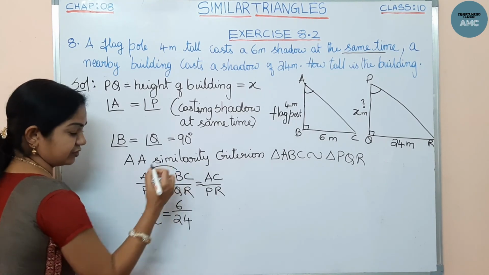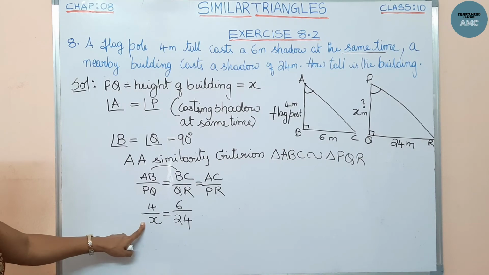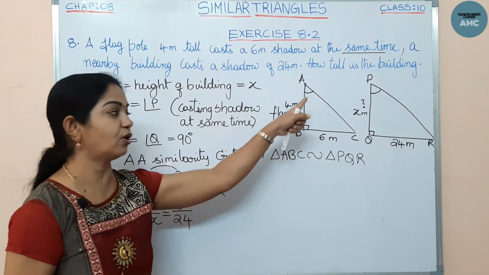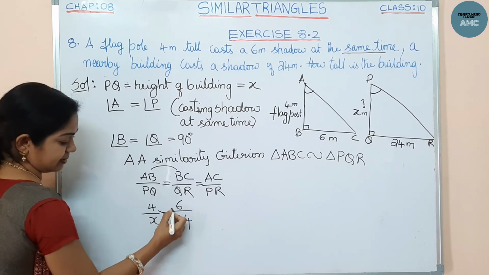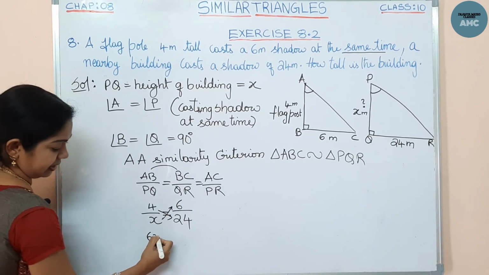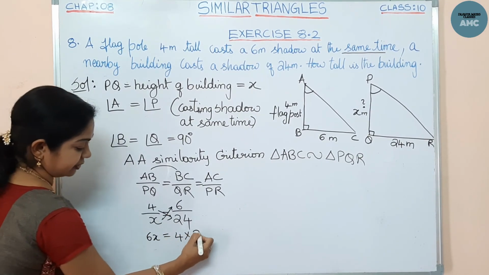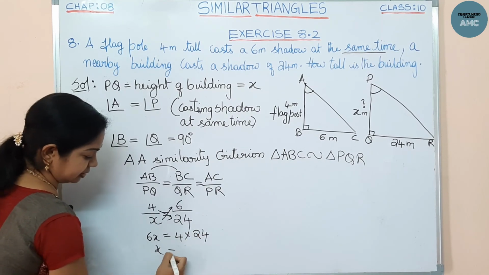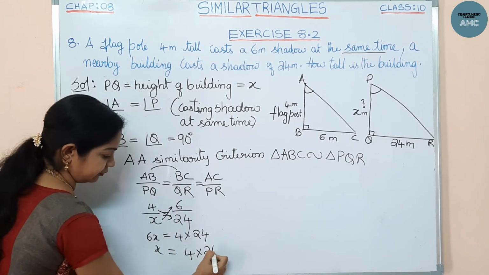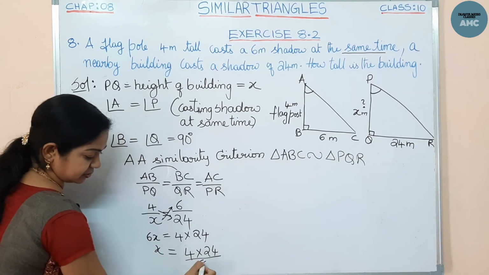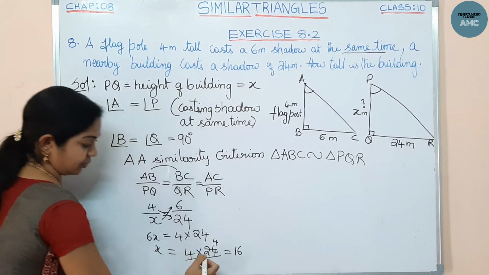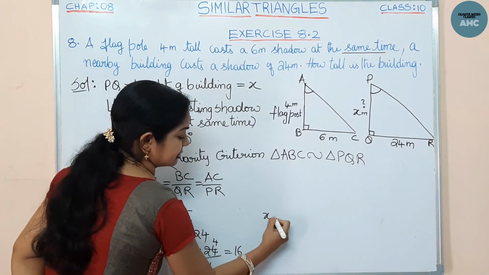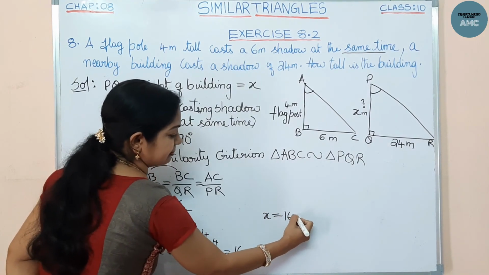Let me take these two first. We want the x value, the height of the building. Just cross multiply: 6x is equal to 4 into 24. So x is equal to 4 into 24 by 6. 6 4s are 24, so 4 4s are 16. Clearly x is equal to 16 meters.